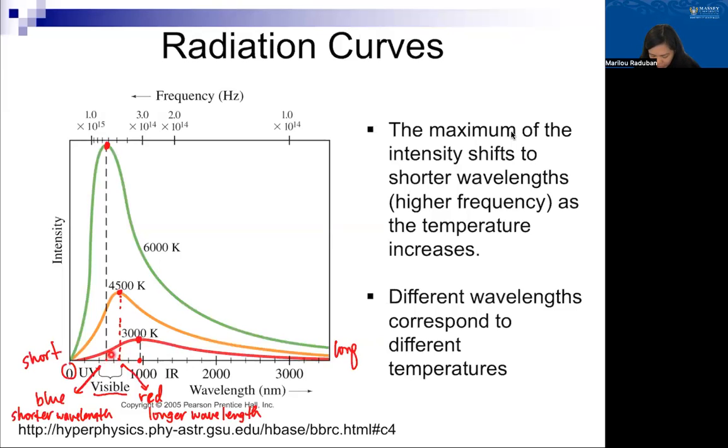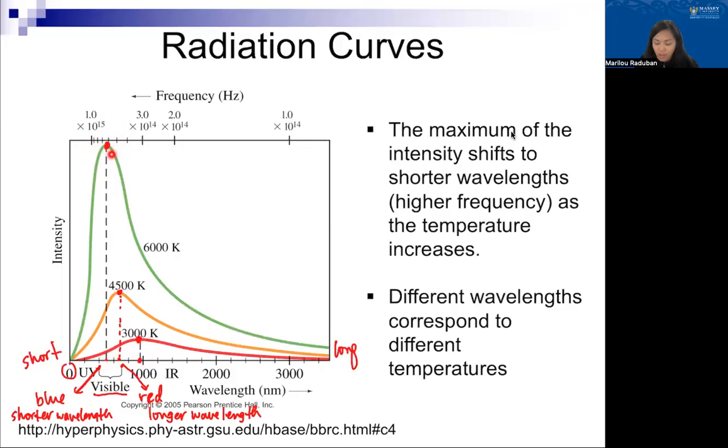So the peak of the green radiation curve is at a shorter wavelength compared to the peak of the red radiation curve, right? So what we can see from the radiation curve is that the shorter the wavelength is, the higher the intensity of the radiation, meaning the higher the amount of radiation that is emitted.